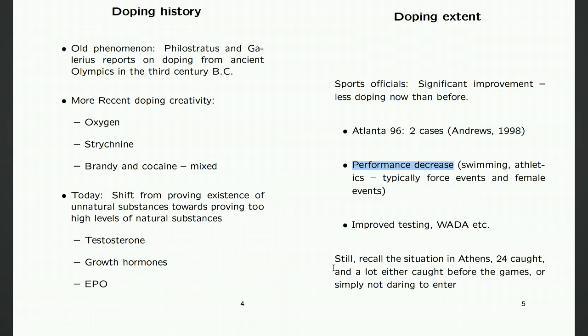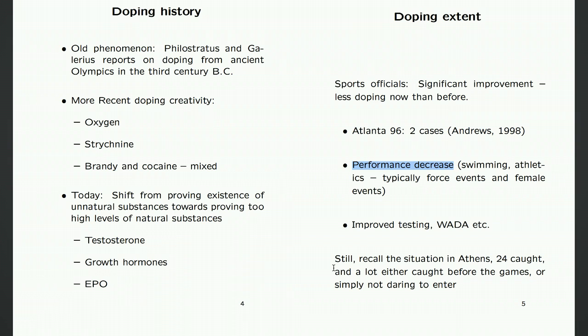Some people would argue that doping has gone down, and I think, to be honest, that for certain events this is correct. We probably know that the extent of anabolic steroid use in certain classical athletics events like shot put has gone down, because they simply don't throw these bullets as long as they used to.